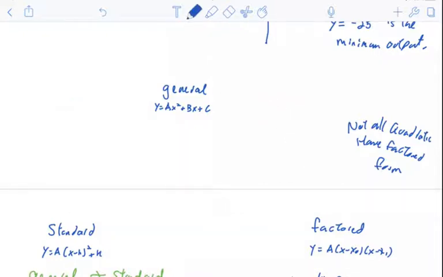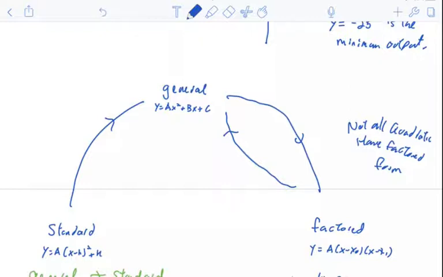You know how to go from the general to the factored form. That was in the first lessons. You know how to go from the factored form to the general form. That's expanding. You know how to go from the standard form to the general form. That's also expanding. First part of the video was all about going from the general form to the standard form. That was a modification of the complete the square procedure. Okay. Now you know how to go from the standard form to the factored form. Essentially find roots by setting y to equal 0.